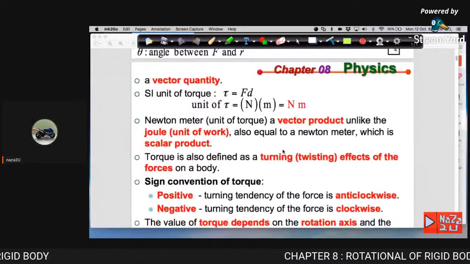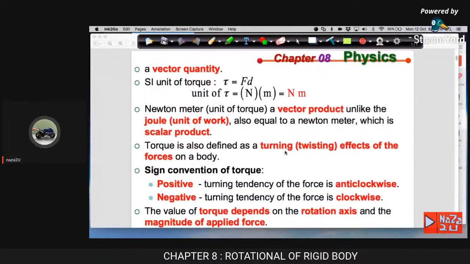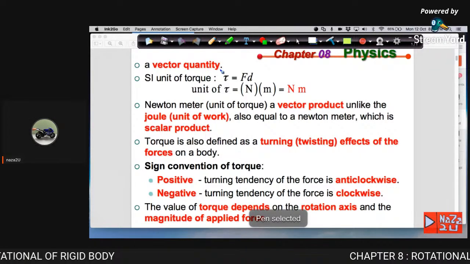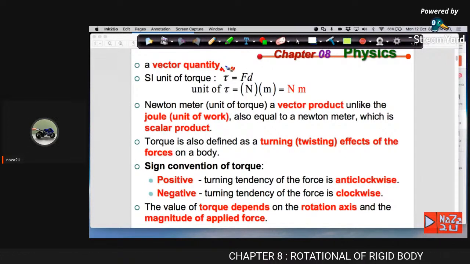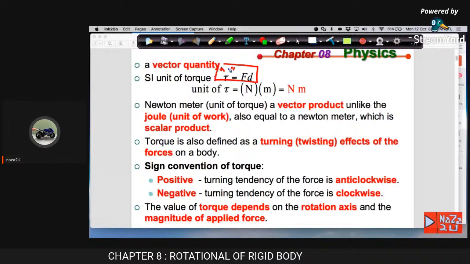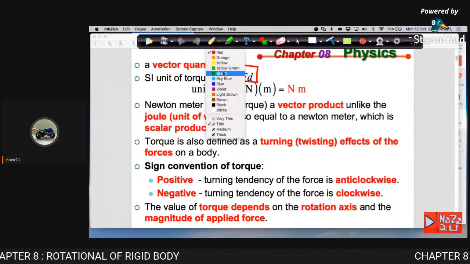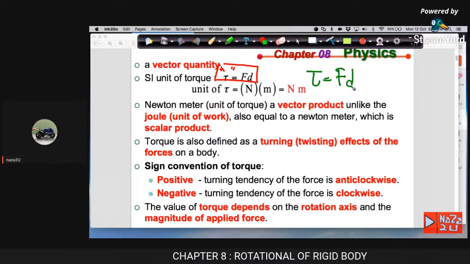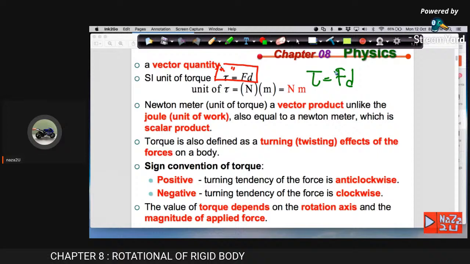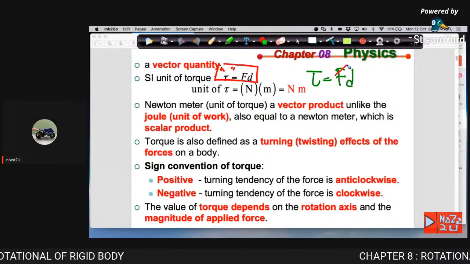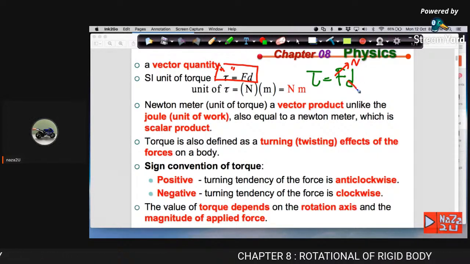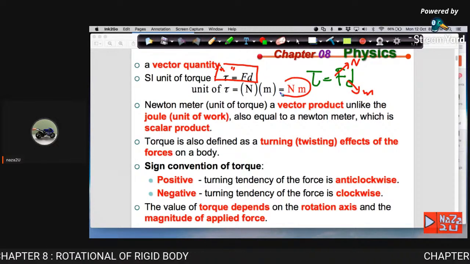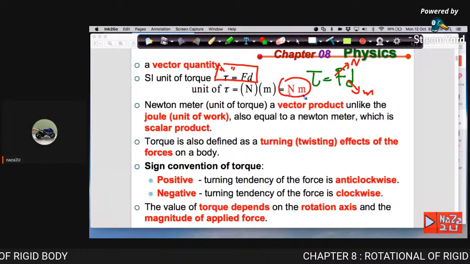Okay, I have added more here. Torque is a vector quantity. These are the characteristics we need to know. The first is the equation for the torque: torque is equal to force times D. The unit for force is Newton and the unit for distance is meter, so the unit for torque is Newton meter.